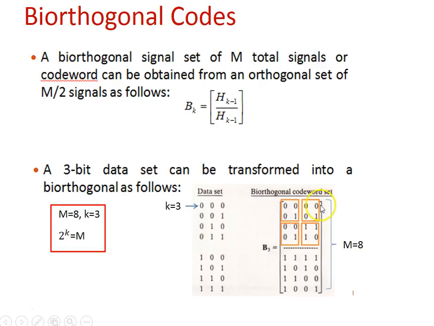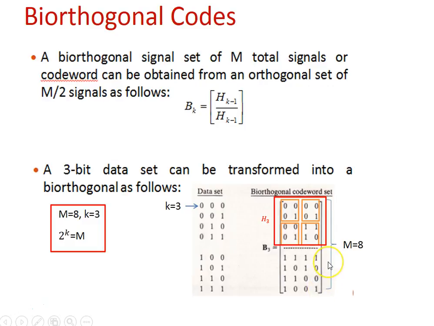So we have signals 1, 2, 3 and 4 here, obtained by using the concept of orthogonal code. After that, we can complement the H3 here, and we will get the other 4 signals, which are at the bottom here.